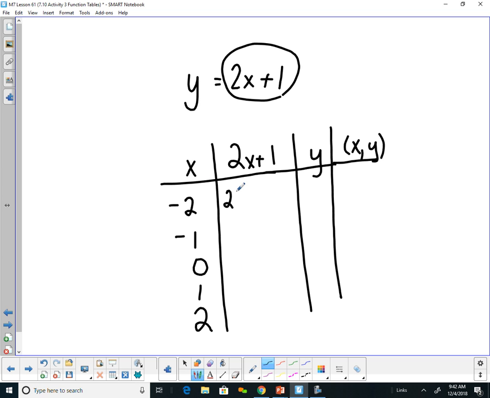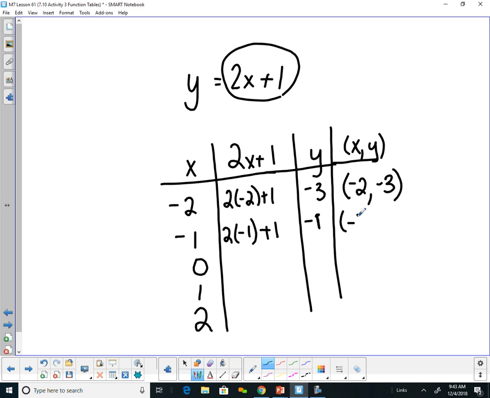So you're just going to replace each x here with the number that we have on that line. So we have 2 times -2 plus 1. So 2 times -2 is -4. -4 plus 1 is -3. So that's my y value. Now my ordered pair is the x value, which was -2, and my y value, -3. I'm going to do the same thing again, but this time we're going to go down and plug in the -1. So here we get -2 plus 1. That is -1.